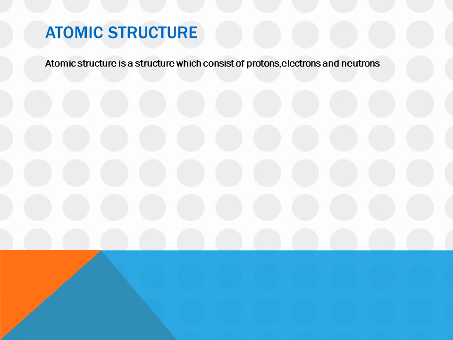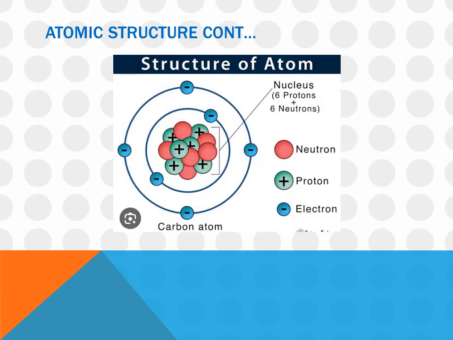Next subtopic, my students, we are going to learn about atomic structure, and we are going to start with its definition. It's a structure which consists of protons, electrons, and neutrons. We are going to look at the structure as explained in this diagram.